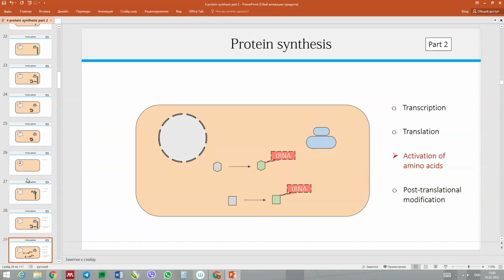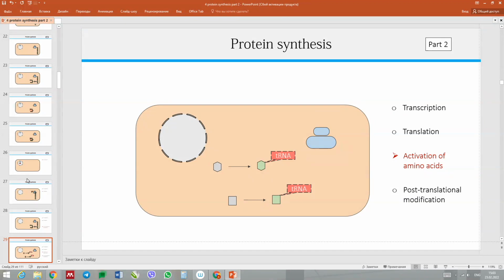Another important point that has to be considered during protein synthesis is the transport of amino acids from the cytoplasm into the ribosome. Amino acids are building blocks of the protein, and they are distributed inside of the cytoplasm.